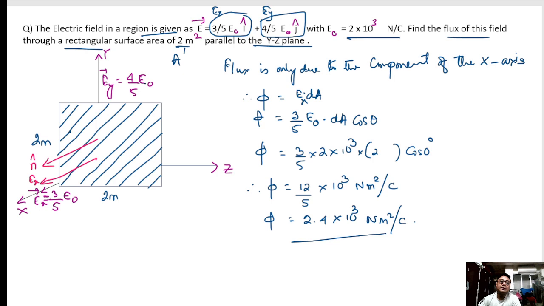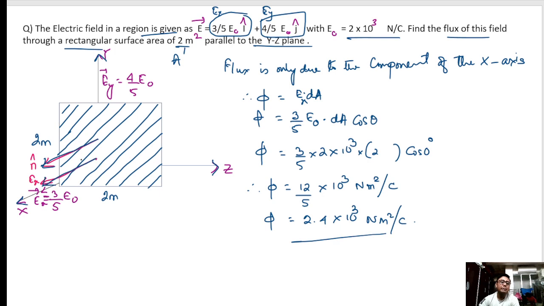Okay, so as you can see, this is the Y axis, Z axis, X axis, and our electric field components, X axis is like this, Y axis is like this. Now this is a plane parallel to the YZ plane. That means this surface's normal will be like this, and the electric field is also like this.